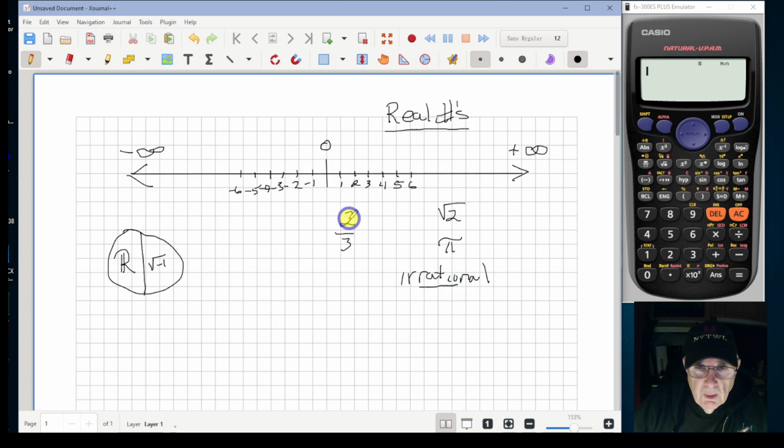A fraction is a ratio, and I'm going to do a little refresher on fractions to help you get started on those, because those can be confusing. But rational numbers and irrational numbers, they all live on this number line. Okay, just wanted to give you an idea of the animals that we're dealing with.